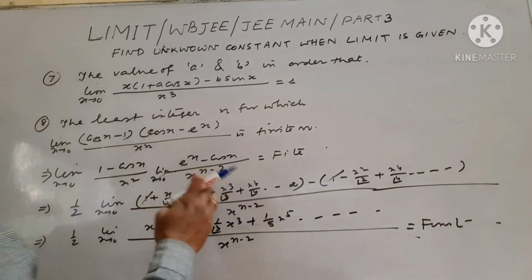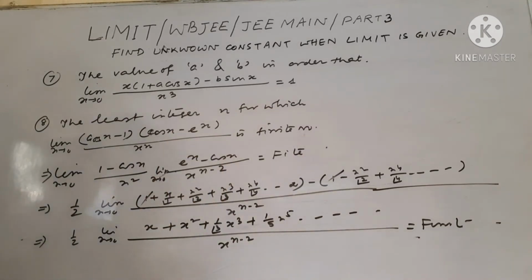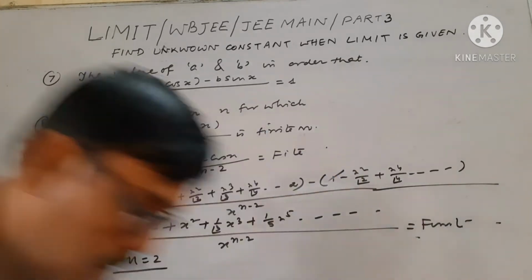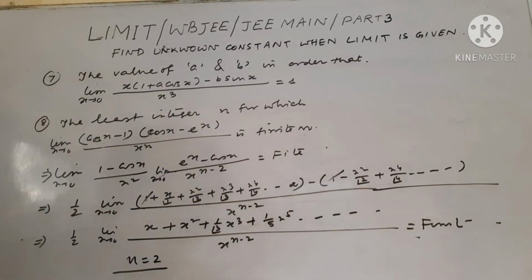So what is the least value of n for which this one is finite? Now if n equals 2, then the denominator is 1. So in this case, the value will be 0.